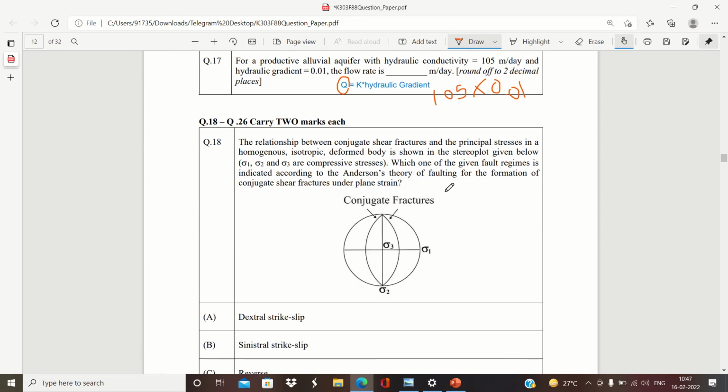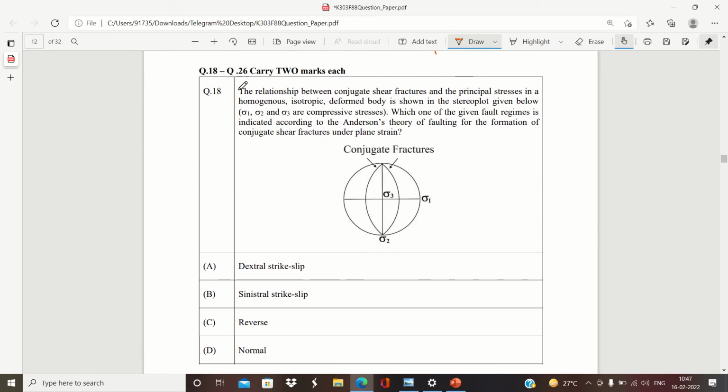Then the next question is, the relationship between conjugate shear fractures and the principal stresses in a homogeneous isotropic deformed body is shown in the stereo plot. Sigma 1, sigma 2 and sigma 3 along with the conjugate fractures are shown in this stereographic plot.